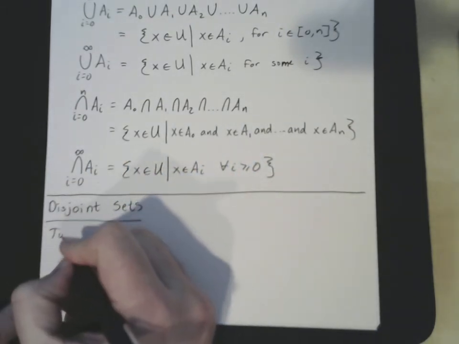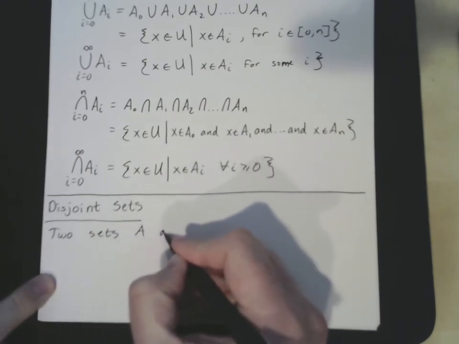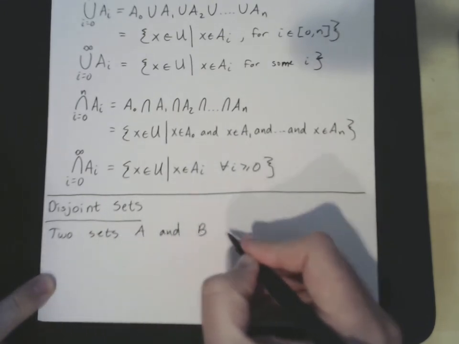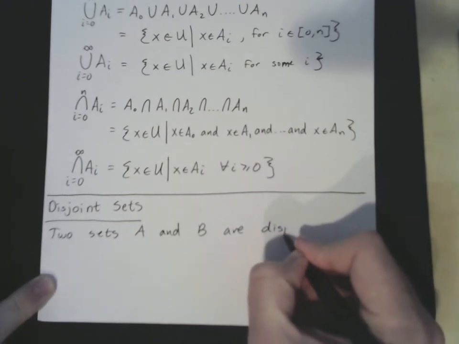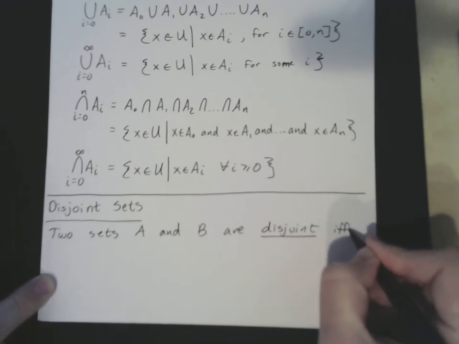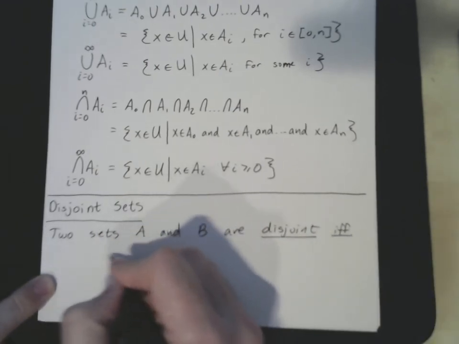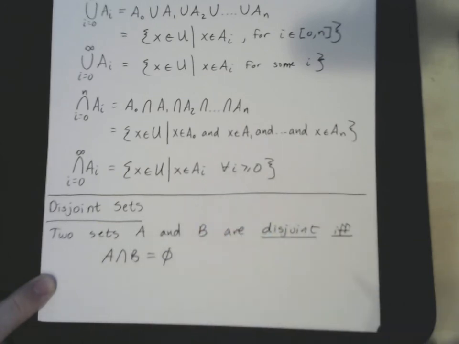So two sets, A and B, are disjoint if and only if A intersect B is the empty set.